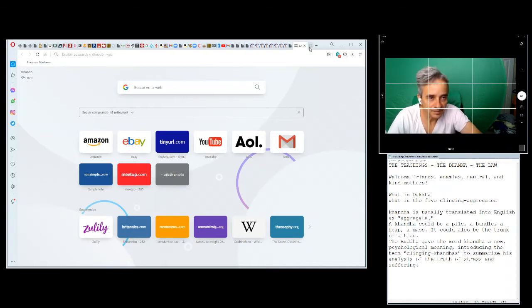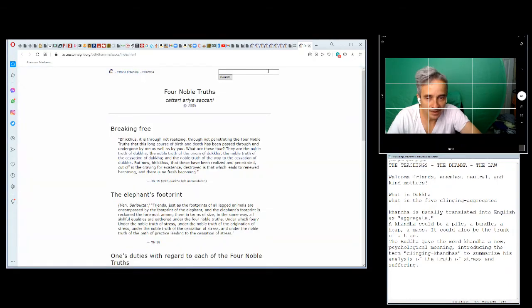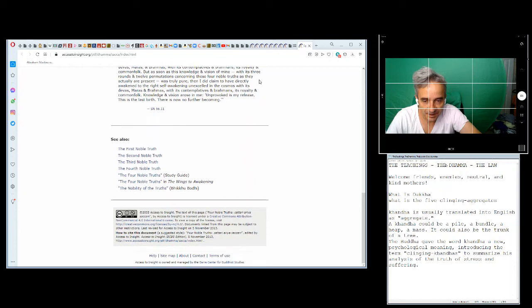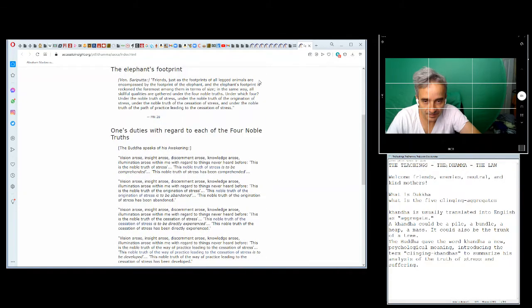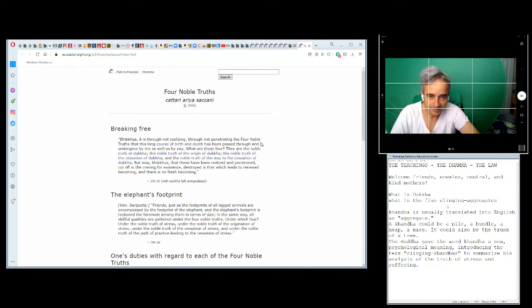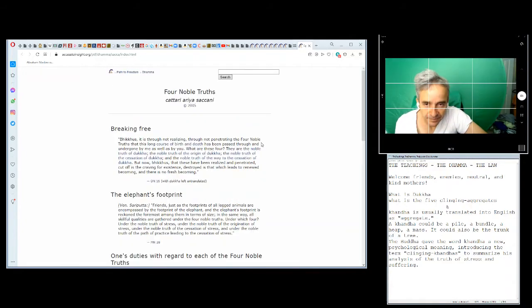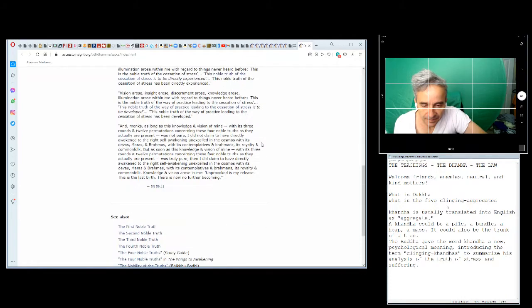So, let me see if I can concentrate and figure out what I was trying to get to. So, the teachings, get back to the beginning. The teachings, the Dhamma, the law.